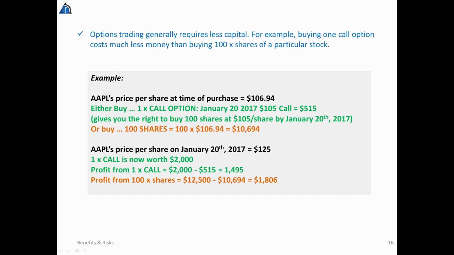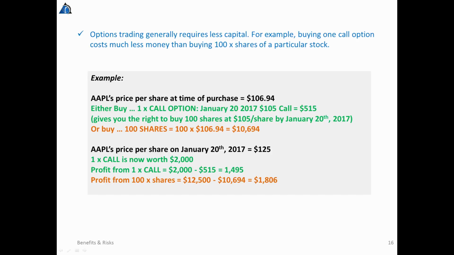On the other hand, had you bought 100 shares of stock, you would have turned around and sold them back to the market at $12,500. 125 a share times 100 shares, that's $12,500, minus your initial investment of $10,694, and that nets you a profit of $1,806.